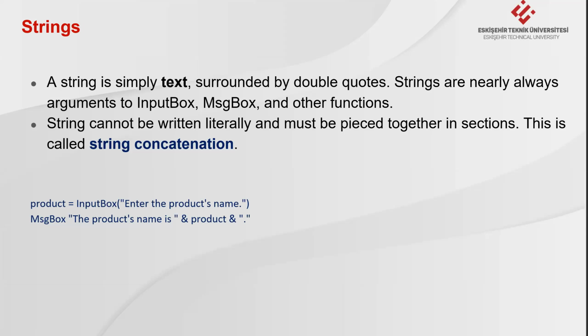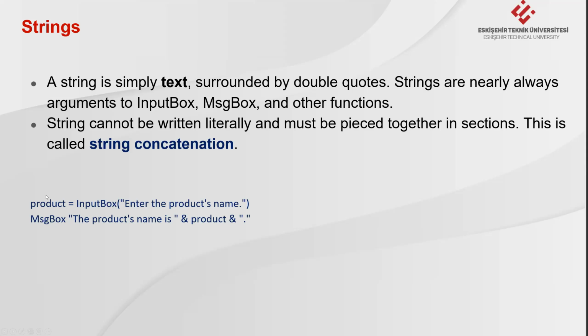For example, assume that you ask the product's name from the user, and you are going to say in the message box, the product name is something, with the product variable here. As you see, it is still a string, but because we don't know what your user will enter on the screen, we concatenate strings in this way.